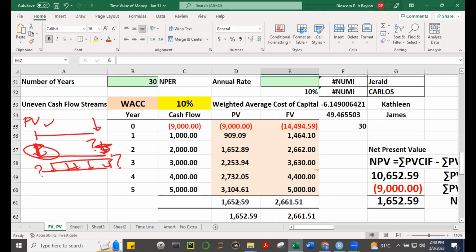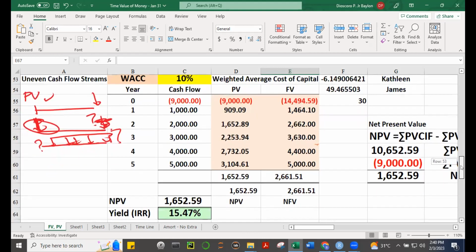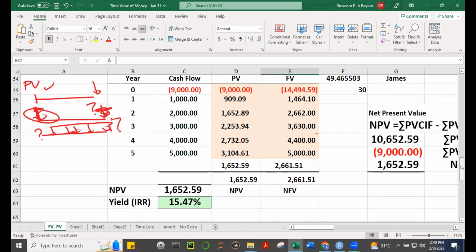And we said that if the net present value is positive, then the decision rule is that the investment is sound, it's a good project, it's feasible. So a positive net present value from a financial perspective indicates that it's a good investment.